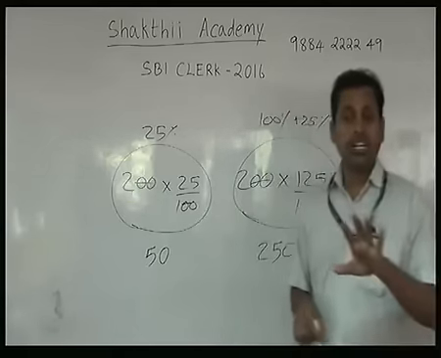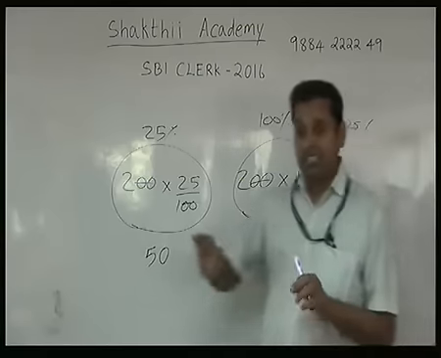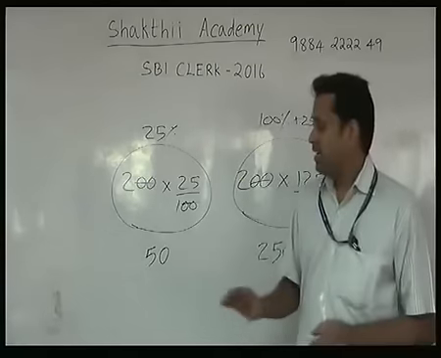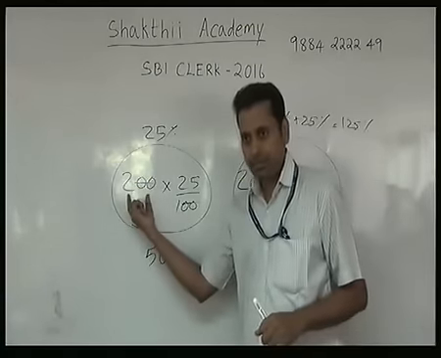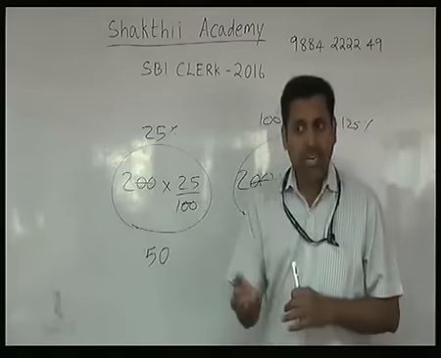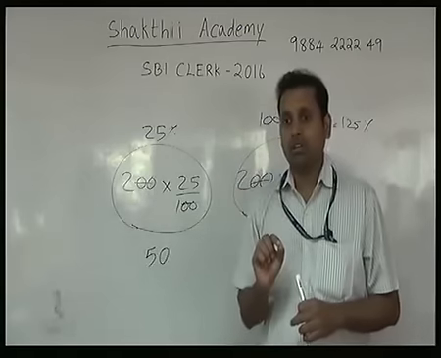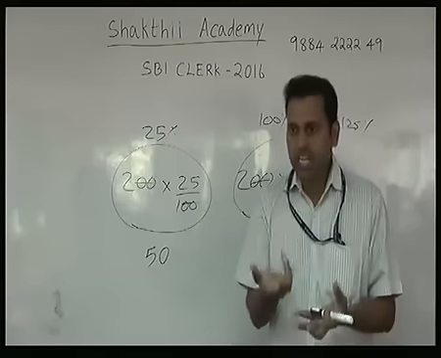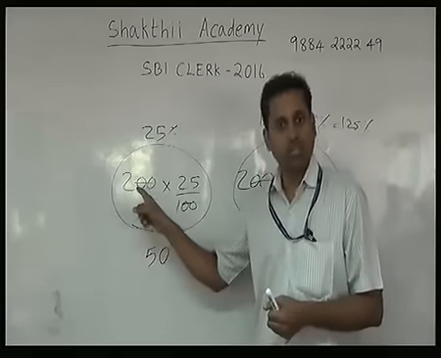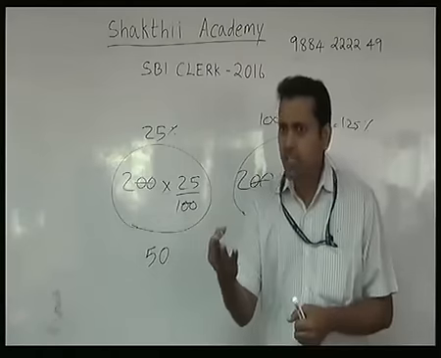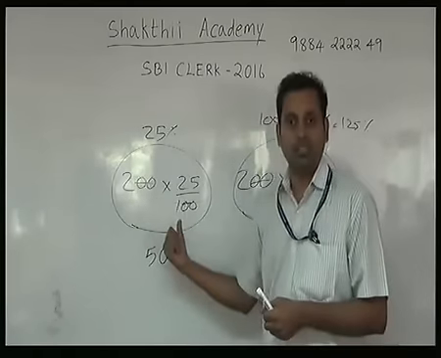Before that, just listen. This 200 is a value, but instead of 200, I can even keep a ratio. Suppose 2 is the ratio, then I will write 2. Suppose 3 is the ratio, then I will write 3 into 25%.